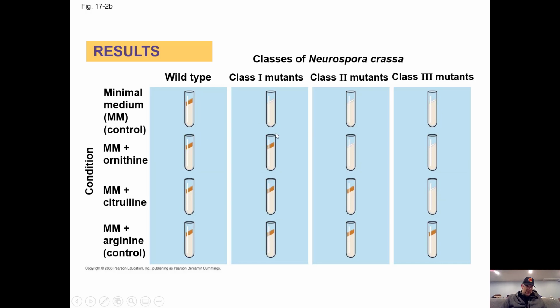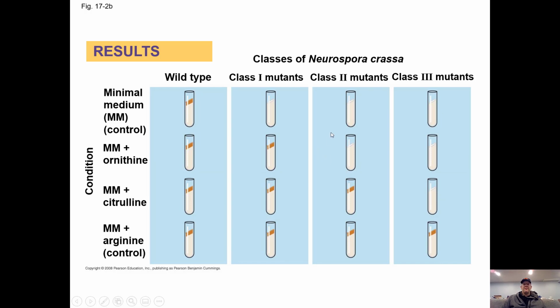So the idea is that for this class 1 mutant, the enzyme that's missing is the one that takes our precursor and makes ornithine. The X-rays deleted that gene or made it inactive. So the mold can't grow in this minimal medium, but if you move down the biochemical pathway and add ornithine, then it's fine.